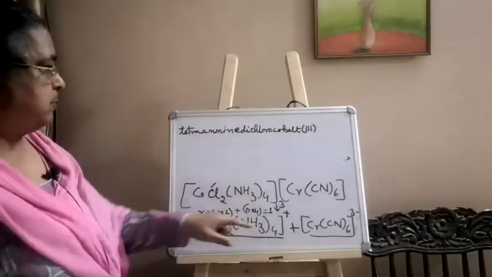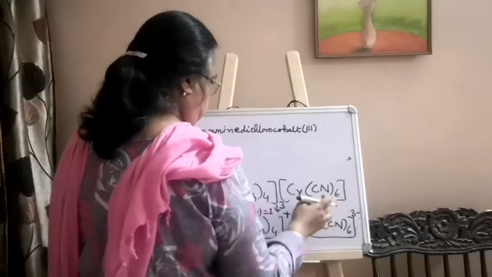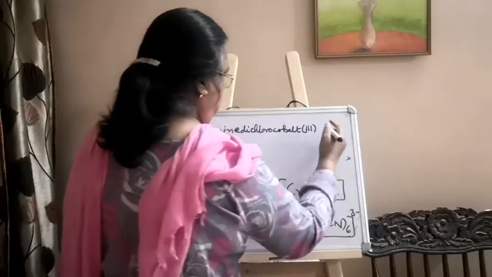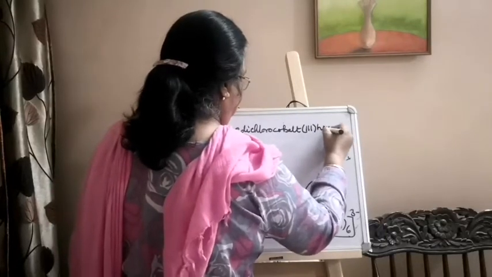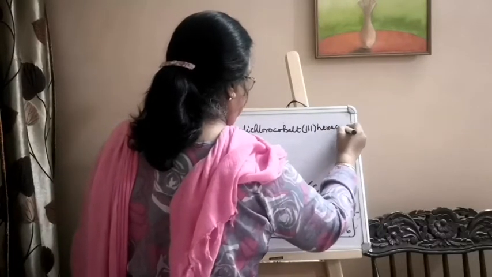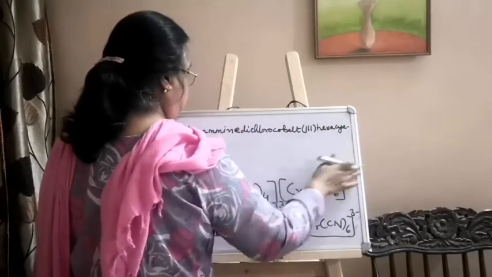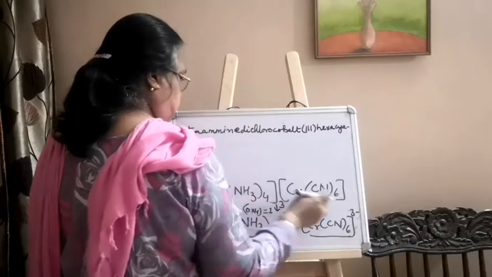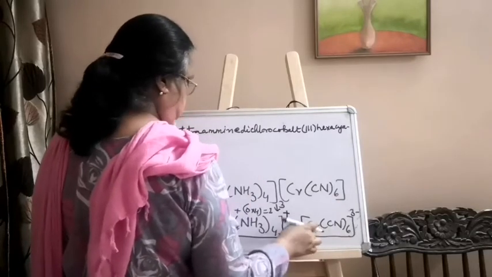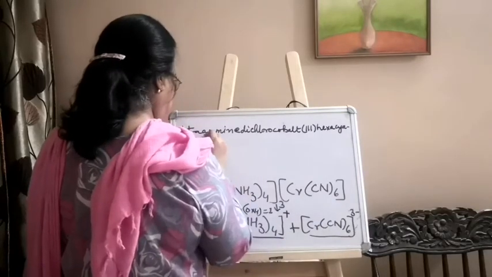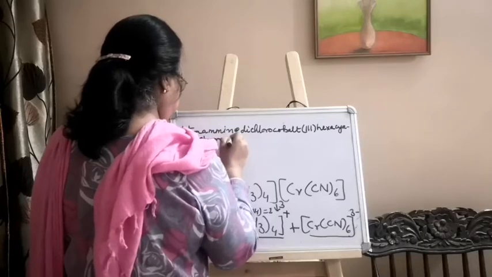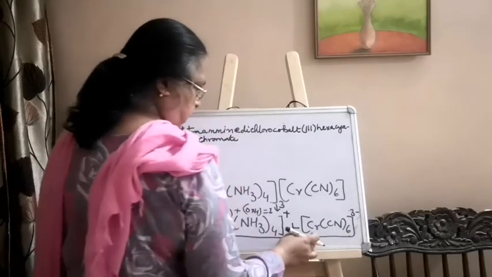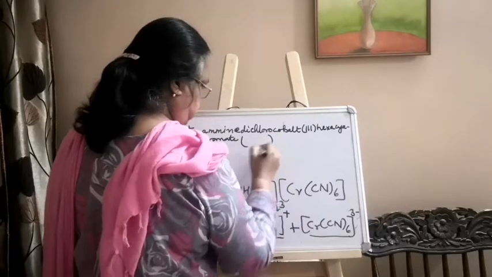Now you will start this part without any space. You will start with this part. So it will be hexa. It has to be in one line. Cyanido. This is the anionic part, so it will be chromate. And you will calculate the oxidation state.